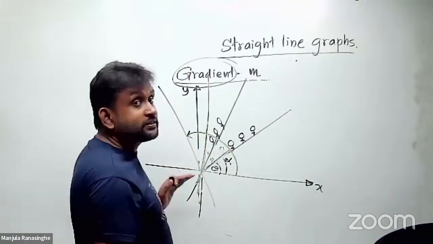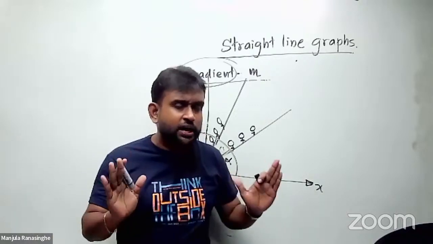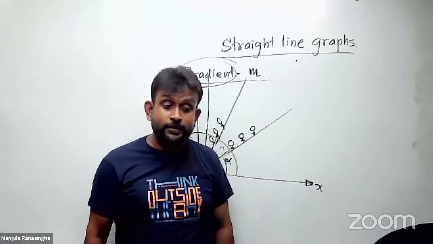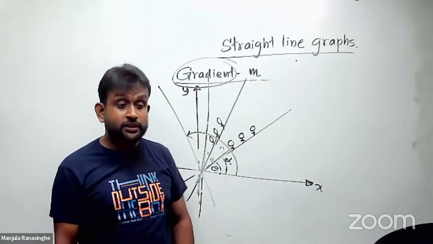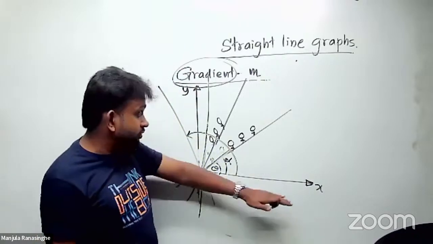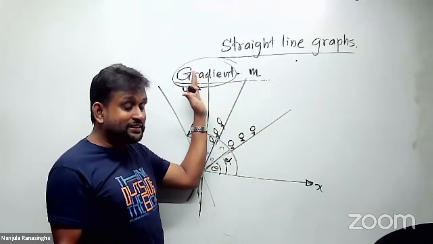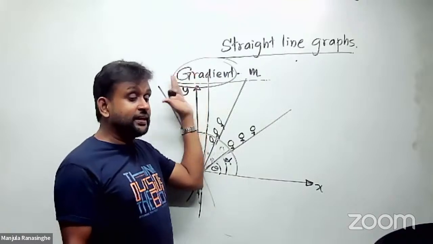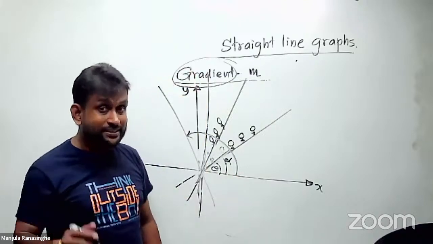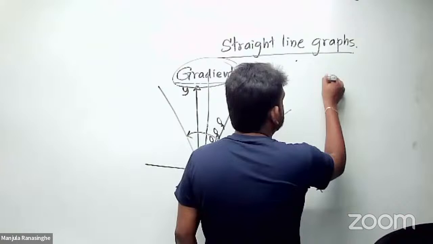When it is an obtuse angle, the gradient starts to become negative. Now it was having a positive gradient, then we turn past this 90 degrees, and the gradient becomes negative.